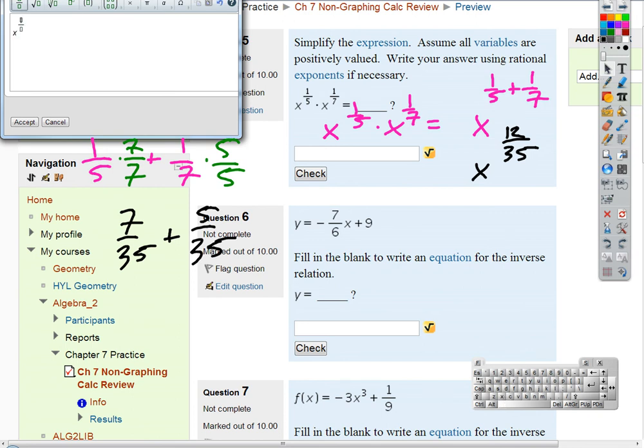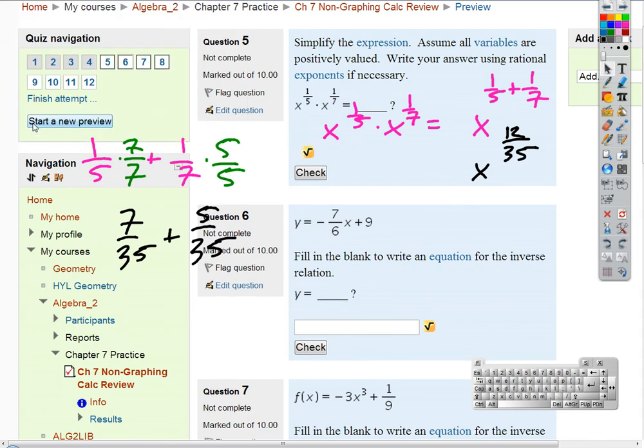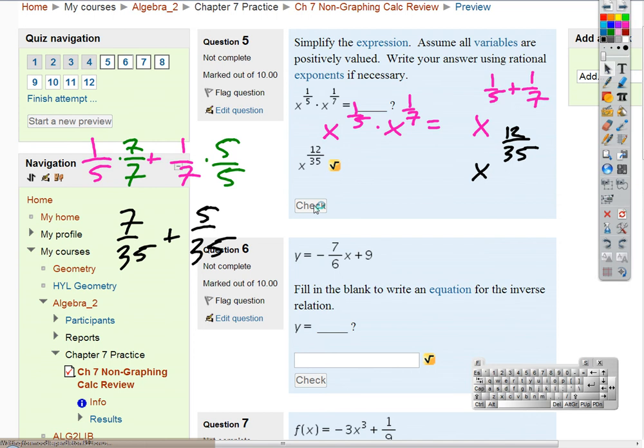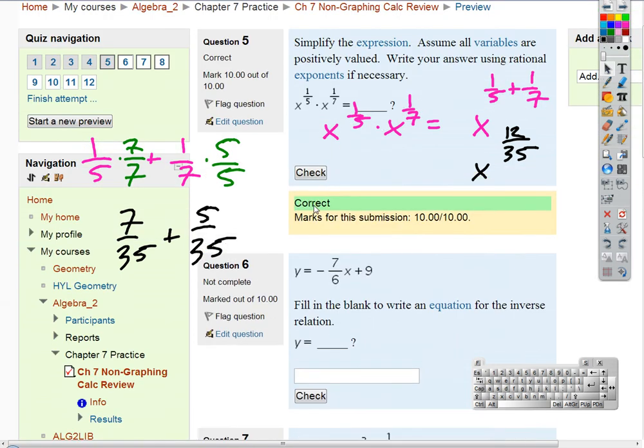X to the 12/35. There it is. Correct. Okay.